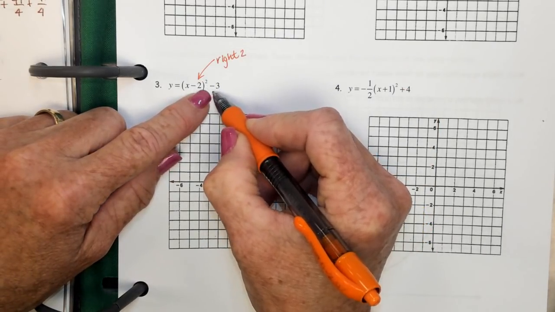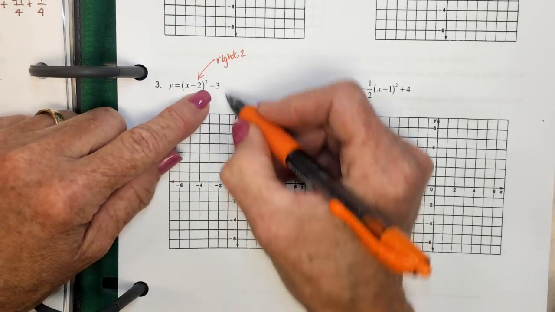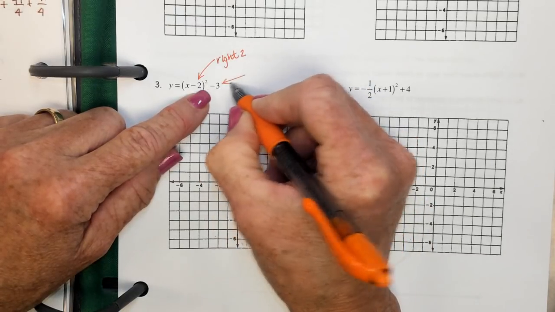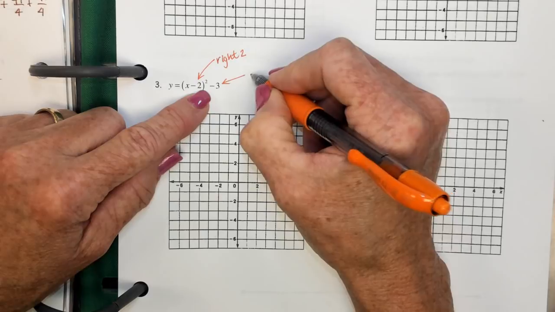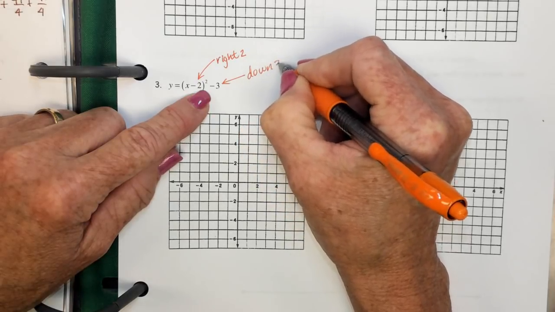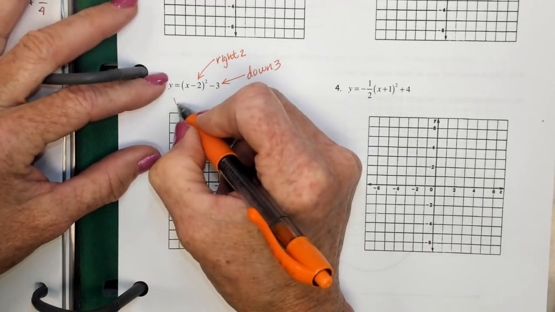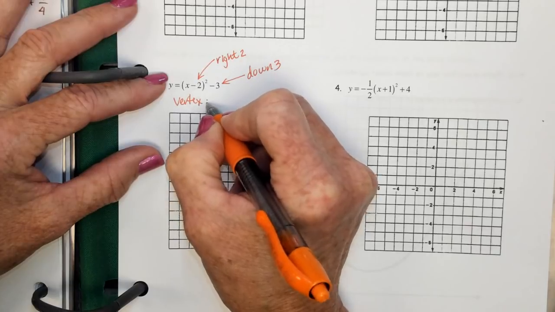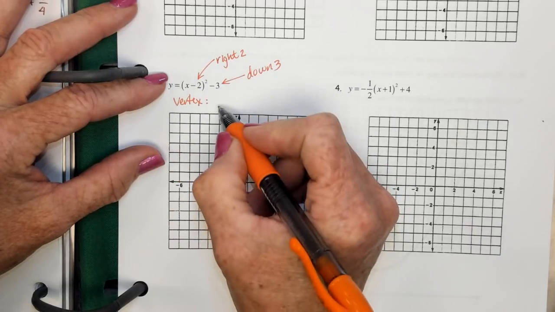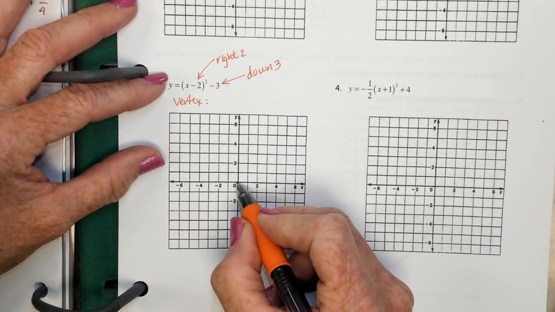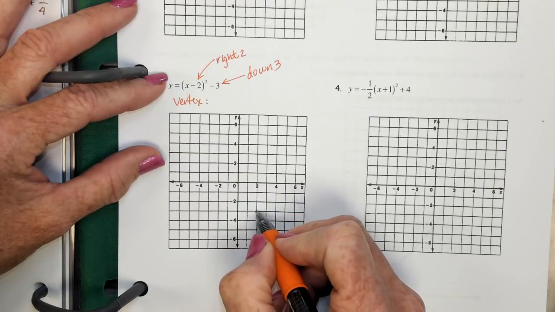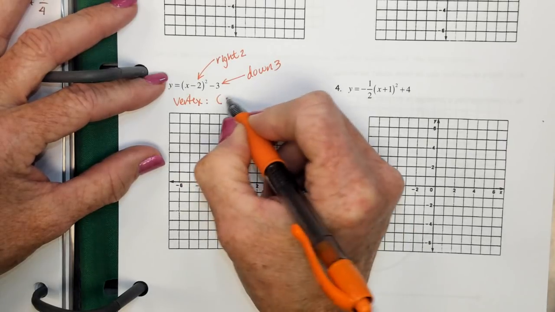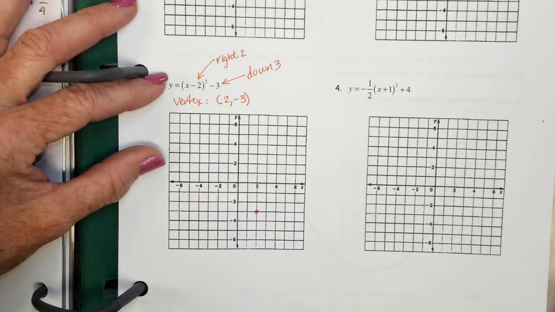Numbers on the outside of the parentheses, we go the same direction as the sign. So this -3 here tells us we're going to move down 3, which sets our vertex at right 2 and down 3. Normally at 0, 0, right 2, down 3 puts our vertex at 2, -3.